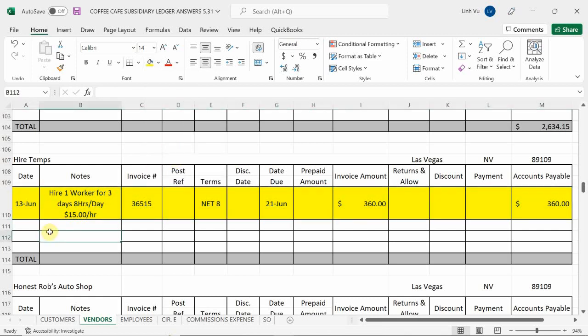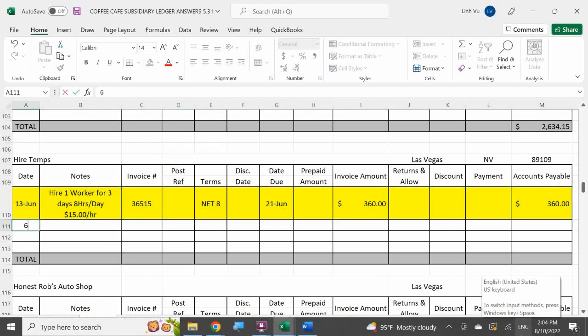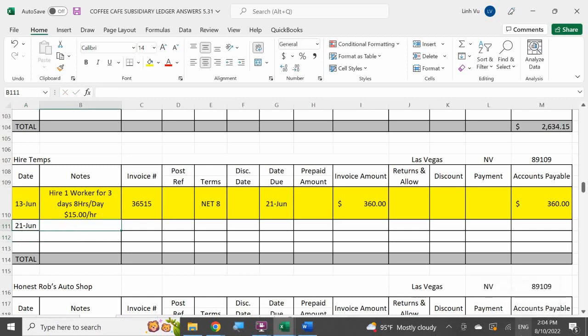Okay. So what is today's date? The 21st, right? Because it was due on the 21st. And it's check number 1521. And then we go all the way to payment.